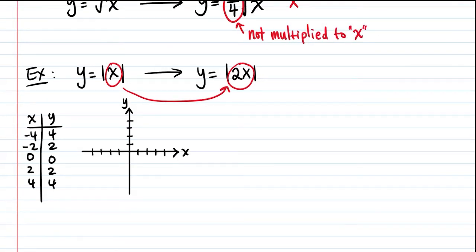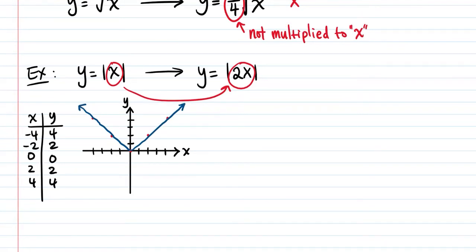If you sketch the graph for the first function: -4 and 4, -2 and 2, 0 and 0, 2 and 2, 4 and 4. It will be a V shape with straight lines, like that. Let's make a table of values for the second function.